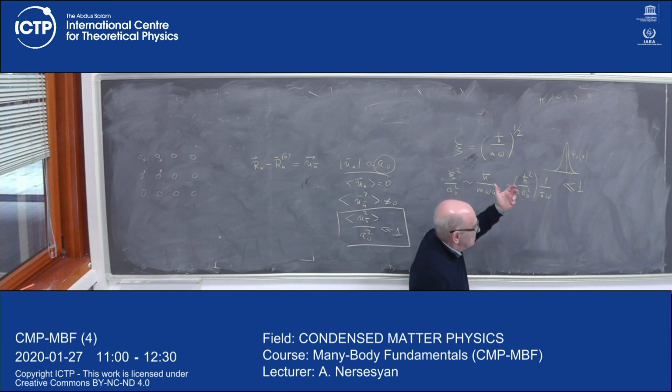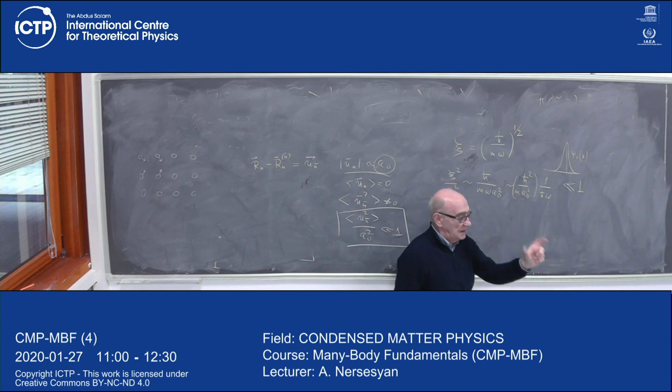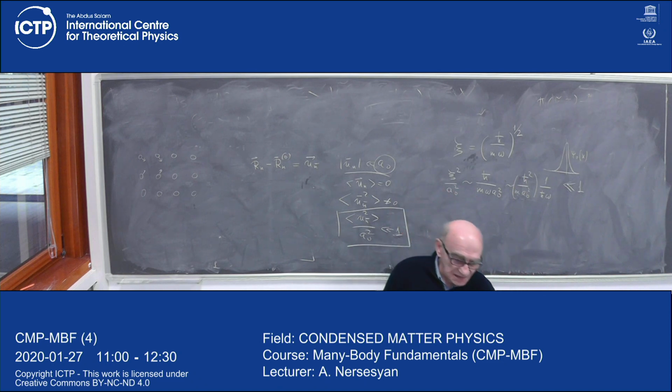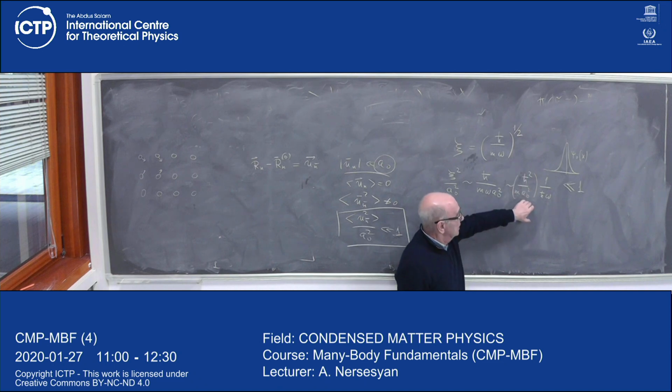You delocalize, it's not exactly the zero-point motion. The zero-point motion is this. If I had taken an atom and put it here, and allowed the momentum to have an uncertainty 1 over A naught, where A naught is the interatomic spacing, which is roughly speaking the order of magnitude of the wavelength of the collective excitations, then this appears to be the ratio of the kinetic and potential energy.